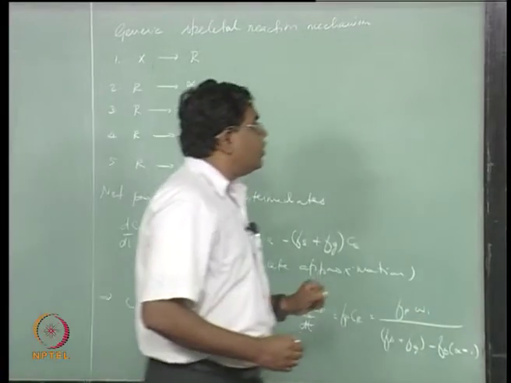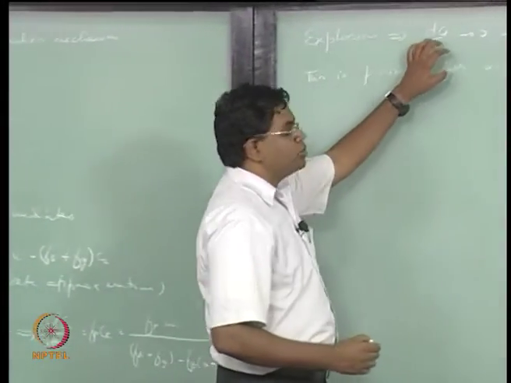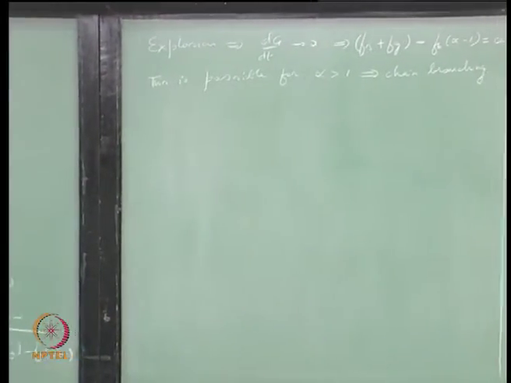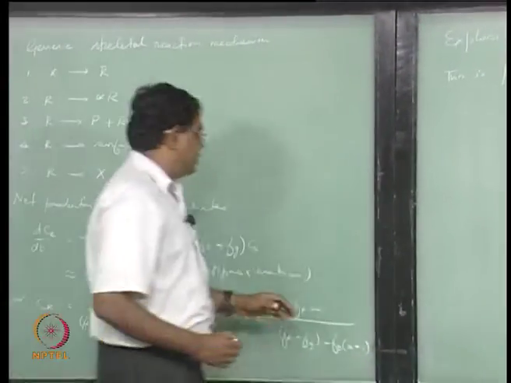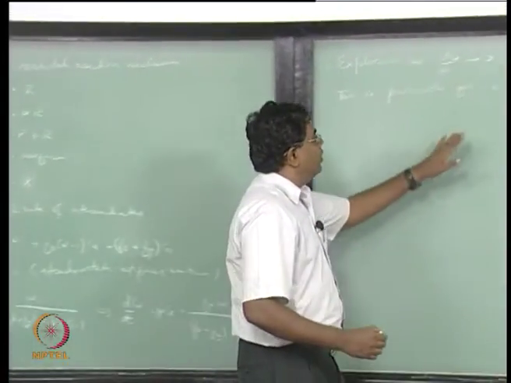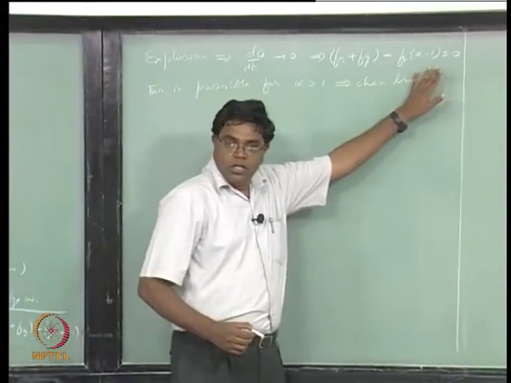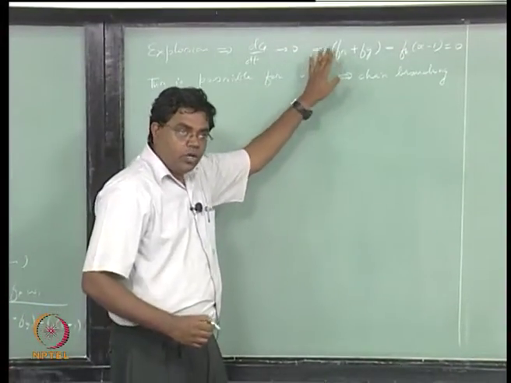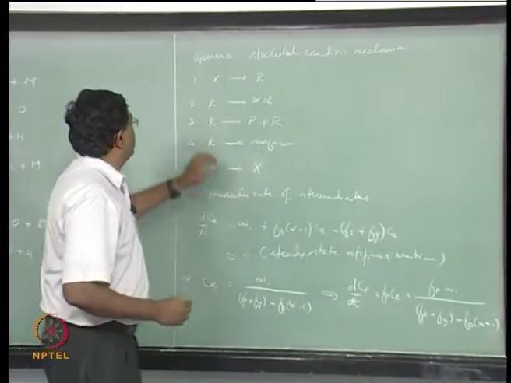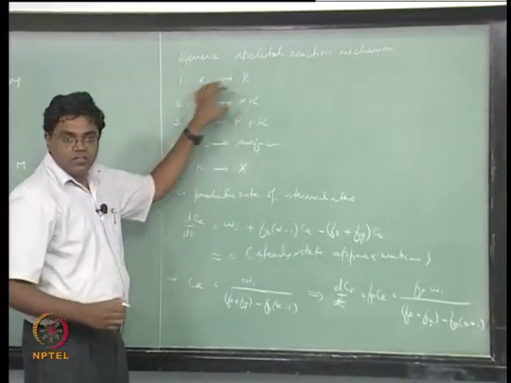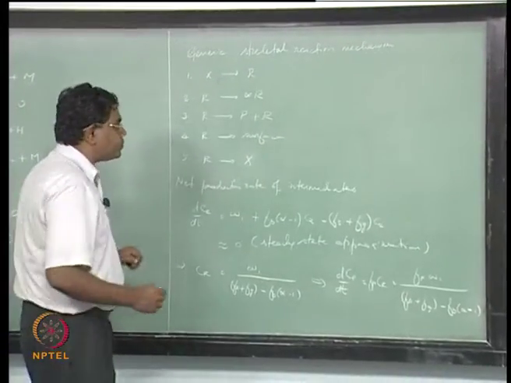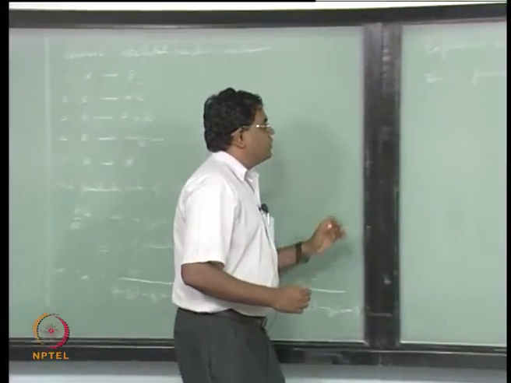So what we mean by a chemical explosion is when your dCp over dt goes to infinity, and that happens when the denominator goes to 0, and the denominator can go to 0 only when alpha is greater than 1, and alpha greater than 1 indicates a chain branching situation. That means you now have a creation of radicals, more radicals in the second step, right. So this is what we have seen so far.